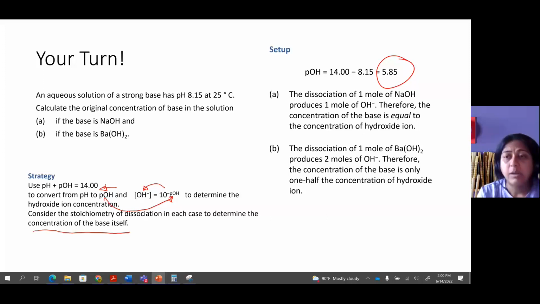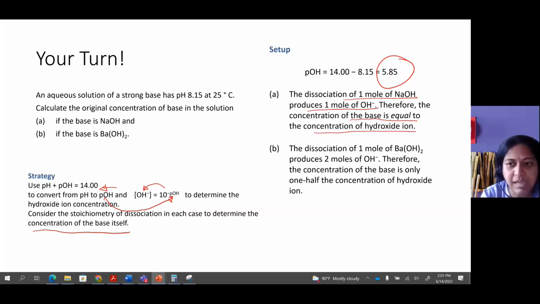Now, sodium hydroxide. We need to think about the reaction stoichiometry. Dissociation of 1 mole of sodium hydroxide produces 1 mole of hydroxide. It's 1 to 1. Therefore, the concentration of the base is equal to the concentration of the hydroxide ion.